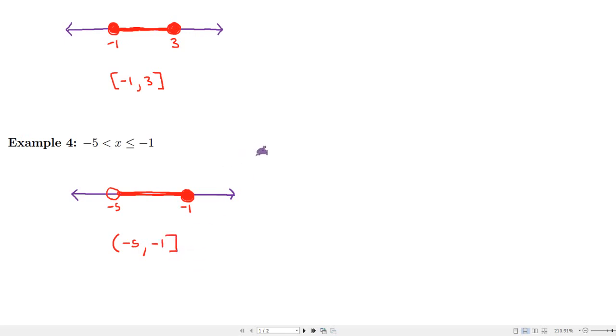Now, just to reinforce what I was just saying, this is actually a compound inequality. This is actually saying -5 is less than x, and x is less than or equal to -1. So you see how you can go in both directions, right?